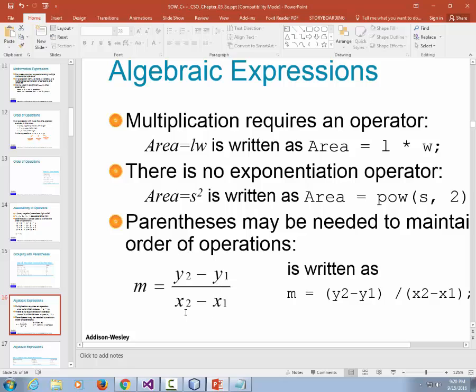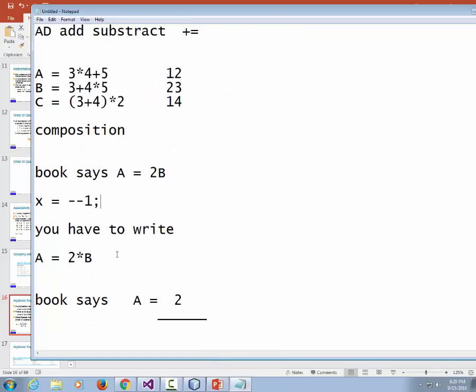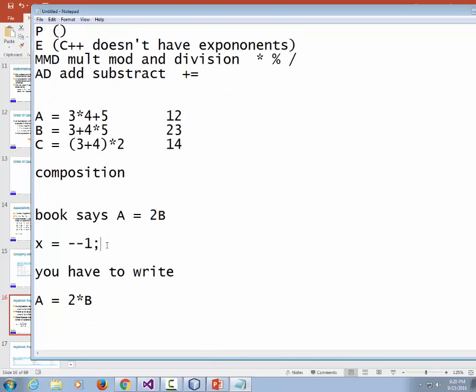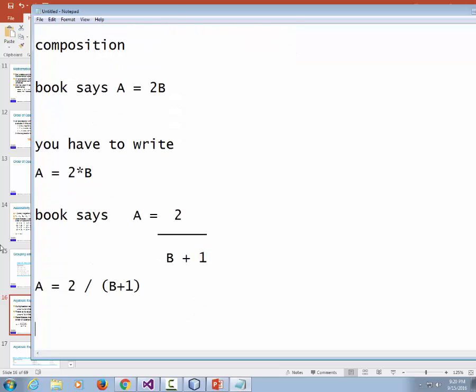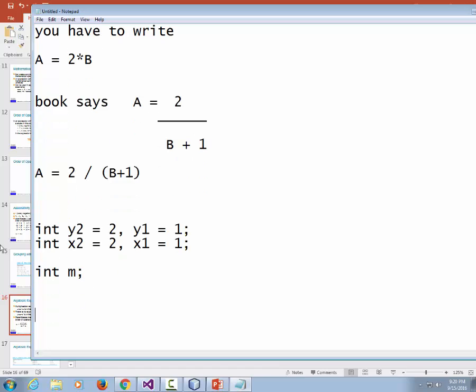Say we have y2, y1, x2, x1, and we wanted to be as wordy as possible about how to express it. That's our goal in life. Okay, so we have int y2 is equal to 3, 2, y1 is equal to 1, and then we have int x2 is equal to 2, x1 is equal to 1, and now we're going to make m. We could do this.